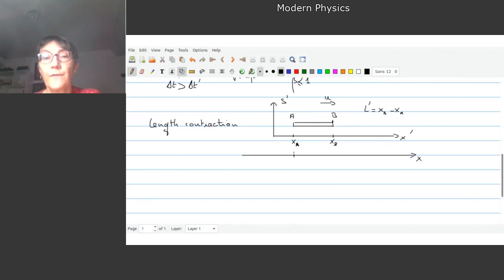The relative velocity is this way, u. First you will have a clock, and you will see when the first part of the bar passes by you. You are here, O.